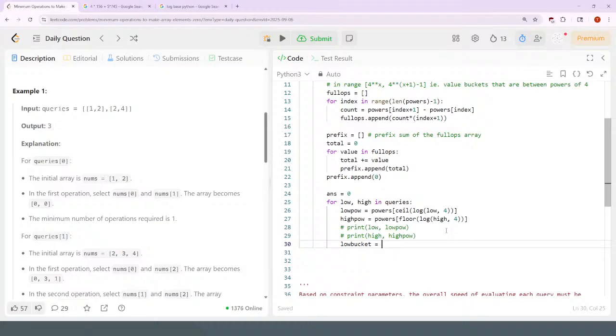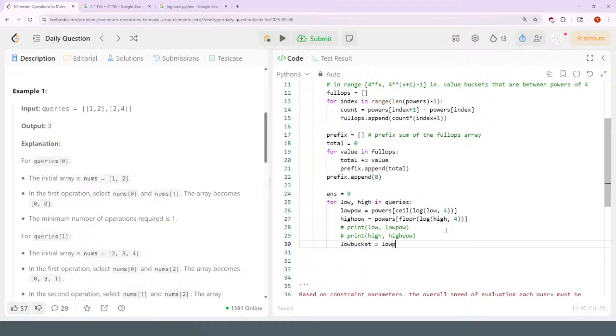So the low bucket is 0. It's probably within the formula actually. It's the number of values, so it's the difference between them minus 1 probably.